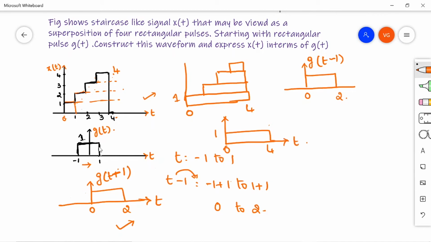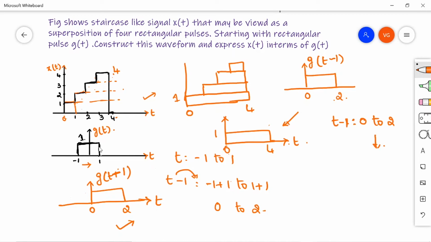Now let us see. This is the signal 0 to 2, g of t minus 1. To get this type of time shifted signal from g of t minus 1, I have to extend the signal. The time has to be scaled from 0 to 2 to 0 to 4. So t minus 1 has the range from 0 to 2.